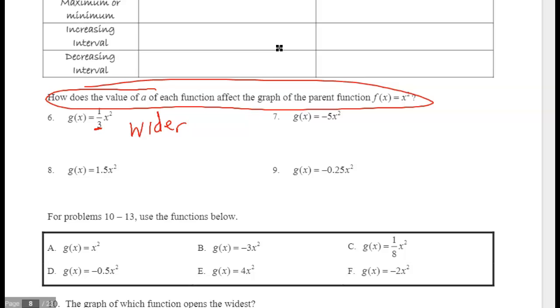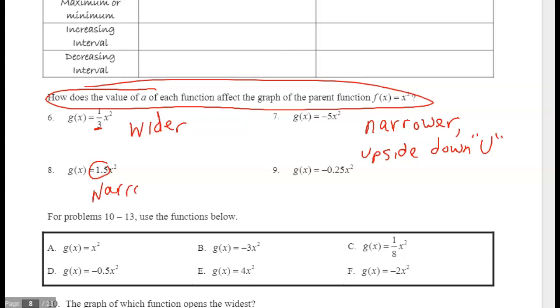The negative 5 makes it narrower, and we got an upside down U. And then you also got to pay attention, like when you start getting into decimals, that's still bigger than 1. This one's less than 1. So again, narrower.